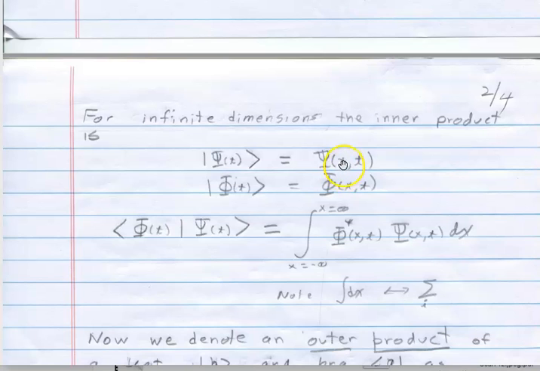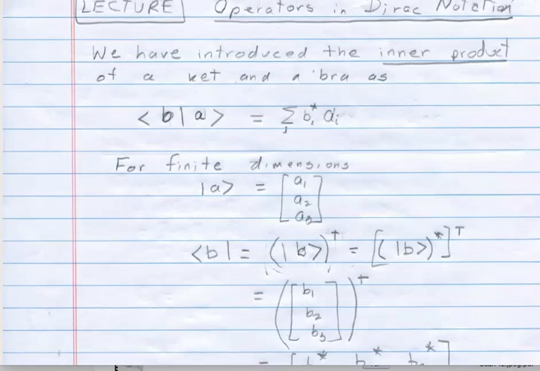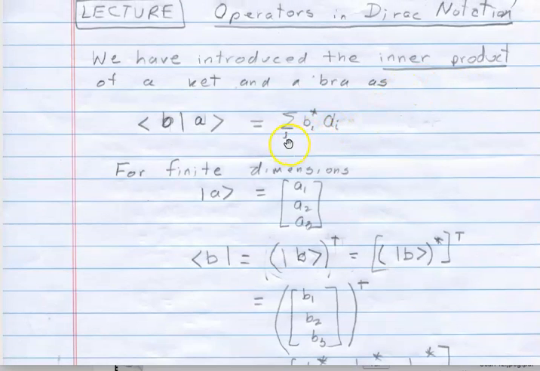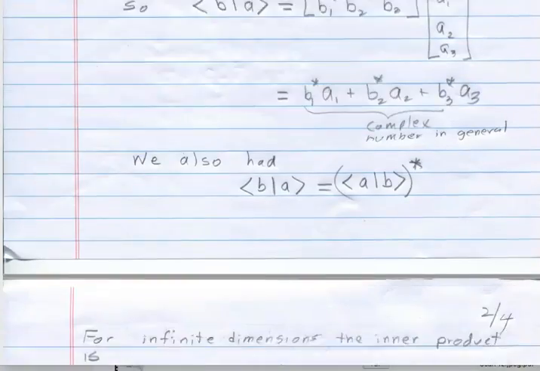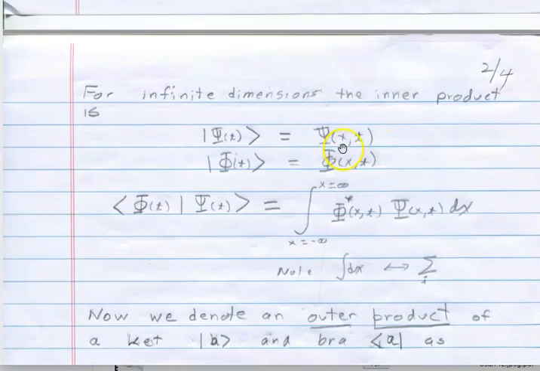The x really is a continuous label. So x is like the i in the previous expression, the sum over all the components. But now I've got a continuous number of components labeled by x. So if I want to define the inner product, I'm going to have to take a continuous sum over all of the x's.